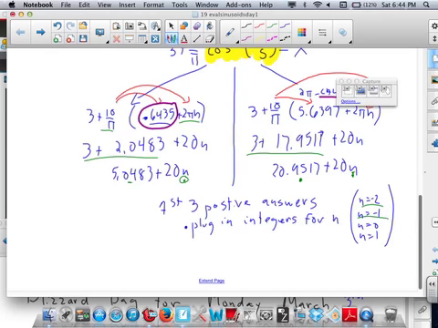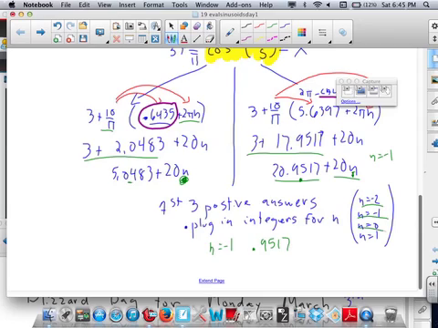If I put n equals -1 in this first formula over here, I'll have -20 plus this 5. That's not a positive result. If I put n equals -1 in this, I'll have -20 plus this number. So I believe that barely gives me a positive result. That will wind up being 0.9517.